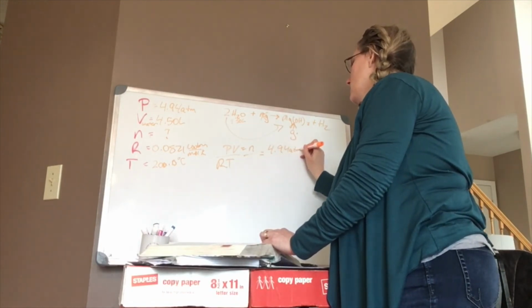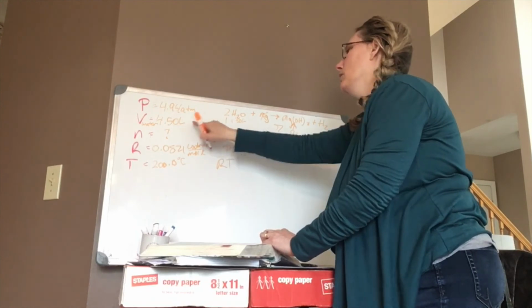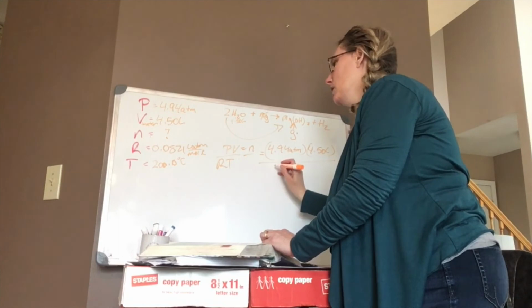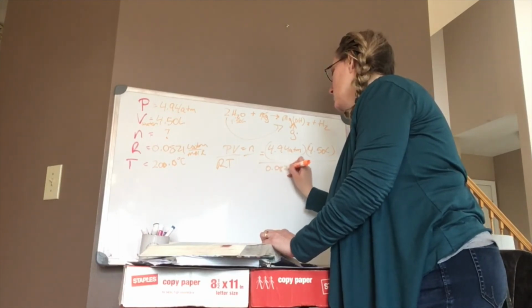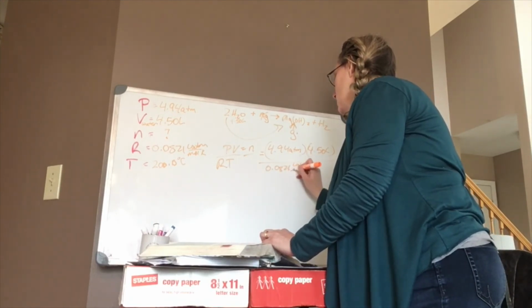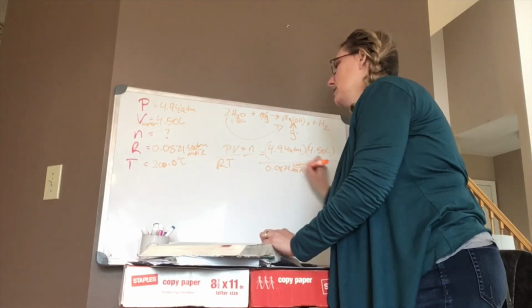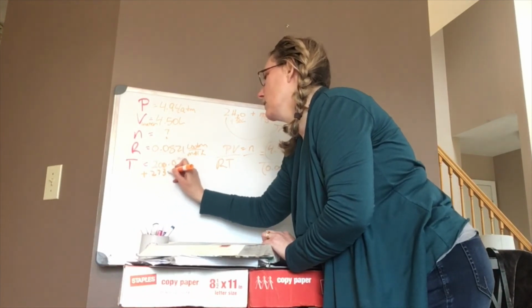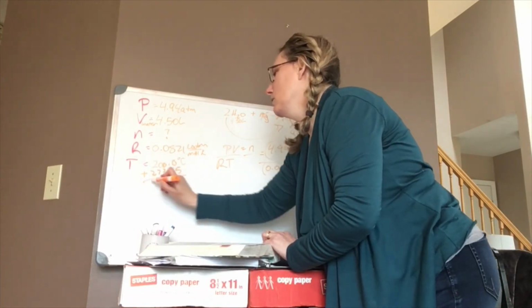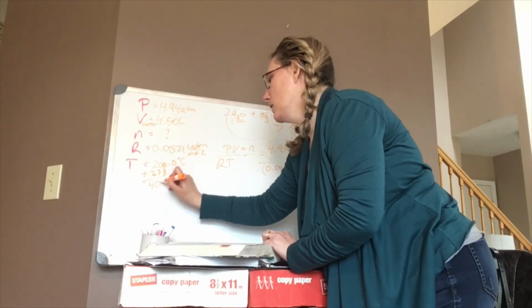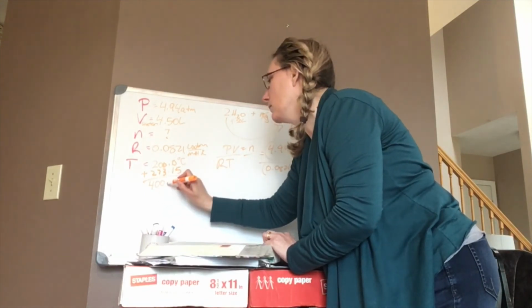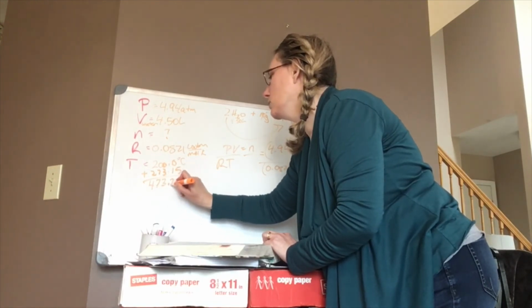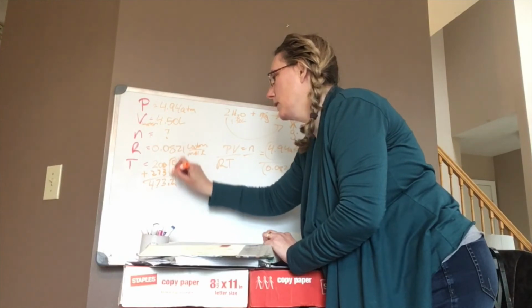So n equals my pressure, 4.94 atmospheres, times my volume, 4.50 liters, over 0.0821 liter atmosphere per mole Kelvin, times temperature, plus 273.15. Ooh, that's really hot. 400, nope, 473.1, well 2, because it's going to be 15 and I'm going to round it to this place, right?